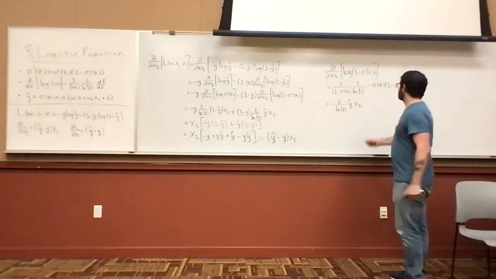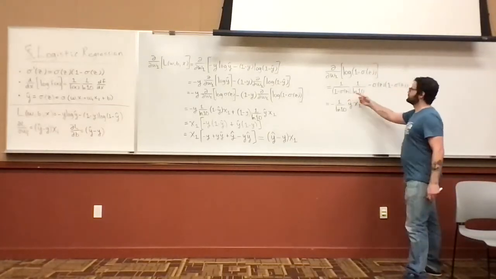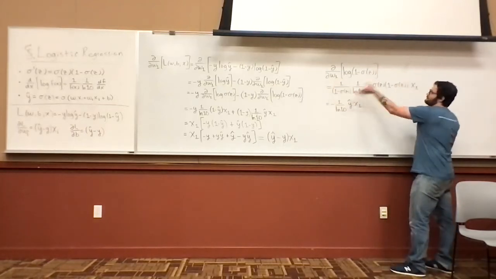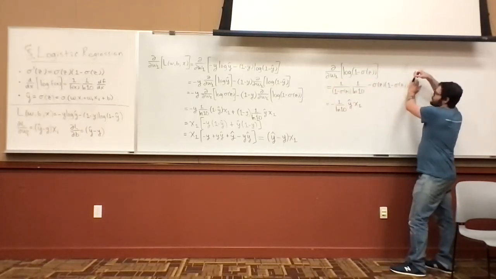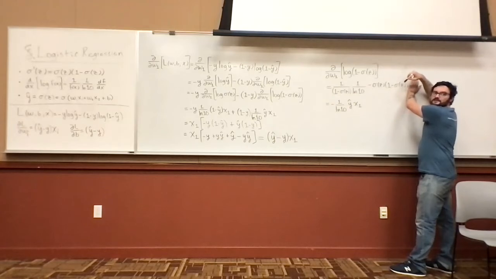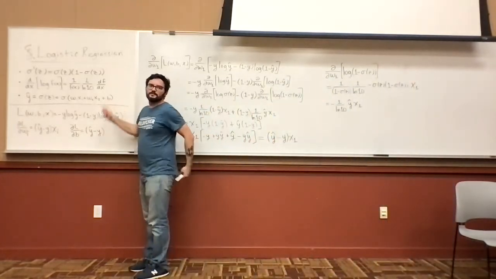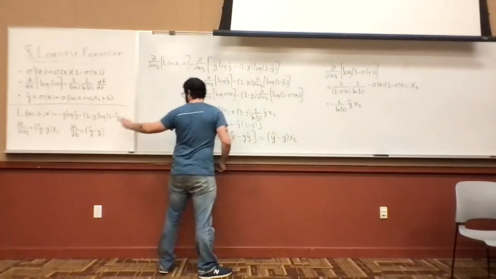Right? When we derived all this stuff, and suppose we were taking the partial with respect to B, everything would be the same except for when we took the derivative of z. The derivative of z with respect to b is just 1, right? So that's why I'm writing that.